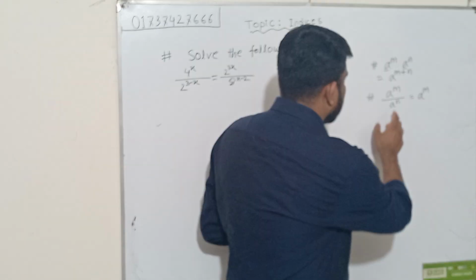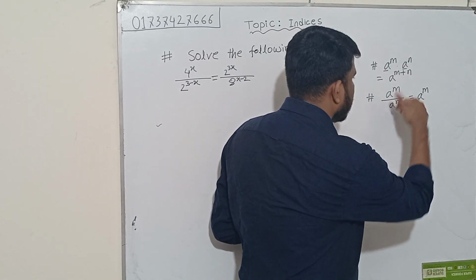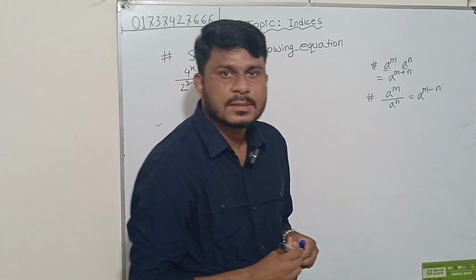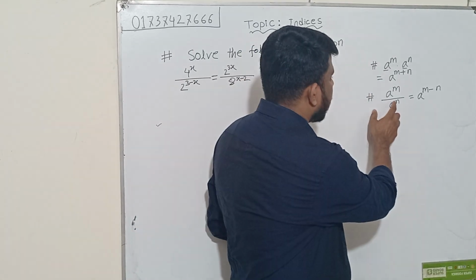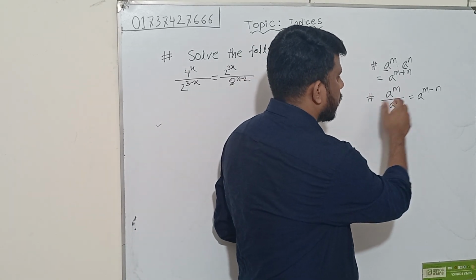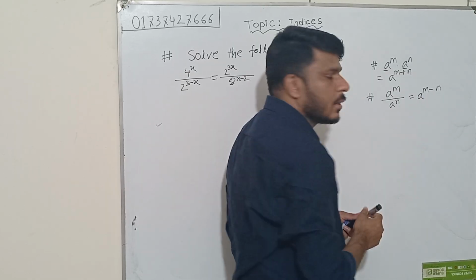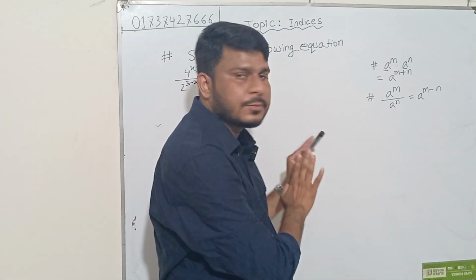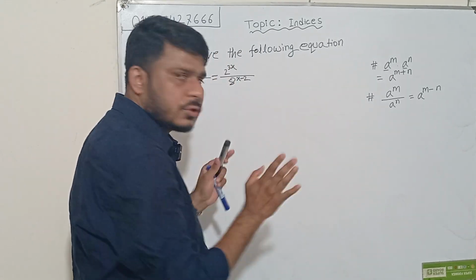If I transfer it, it will be minus n. If it is minus and we transfer it, it will be plus n. So we have to use these two formulas for doing this math.